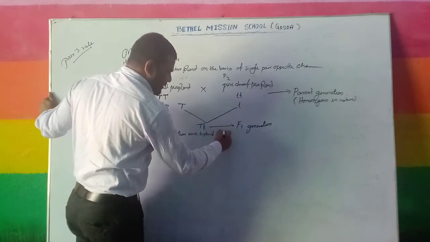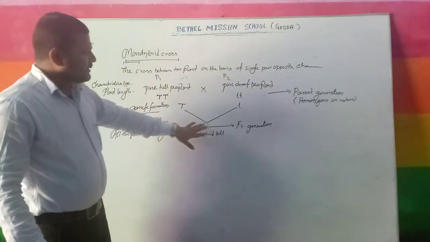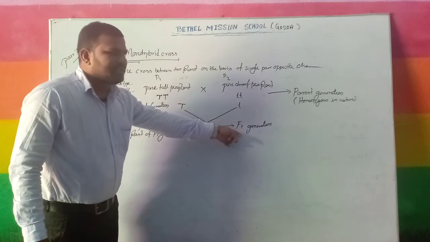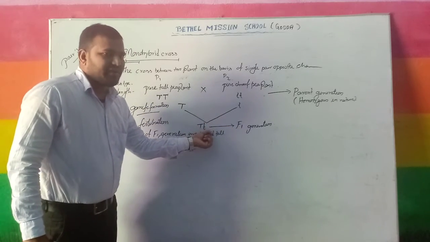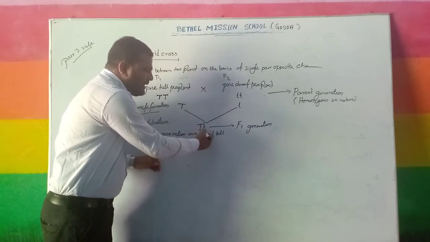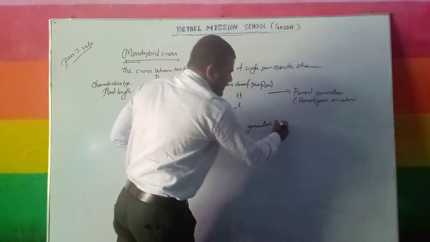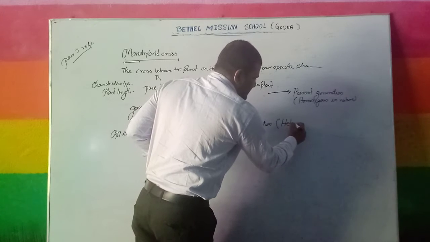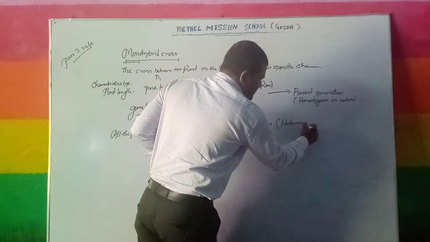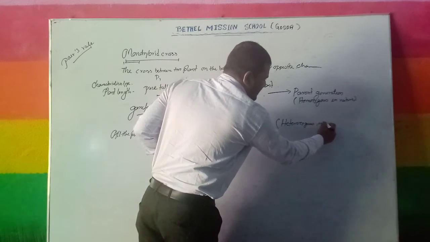But why? Now look, all the plants of the F1 generation contain dissimilar factors, one having the capital T, another having the small t. This type of organism is termed heterozygous in nature.